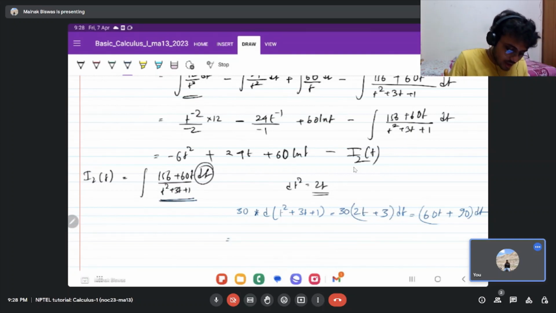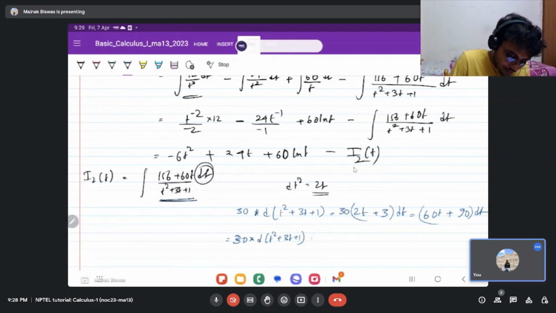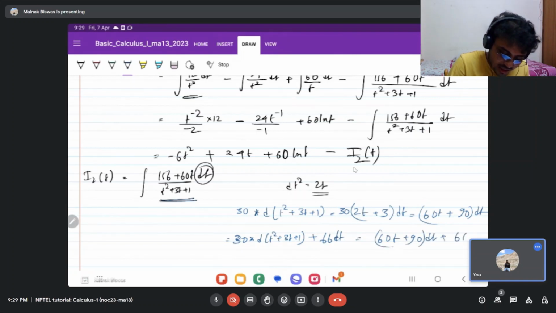So you will have 30 into d of t square plus 3t plus 1, plus, if I add 66 dt on both sides, I get 60t plus 90 dt plus 66 dt, which is equal to 60t plus 156 dt.